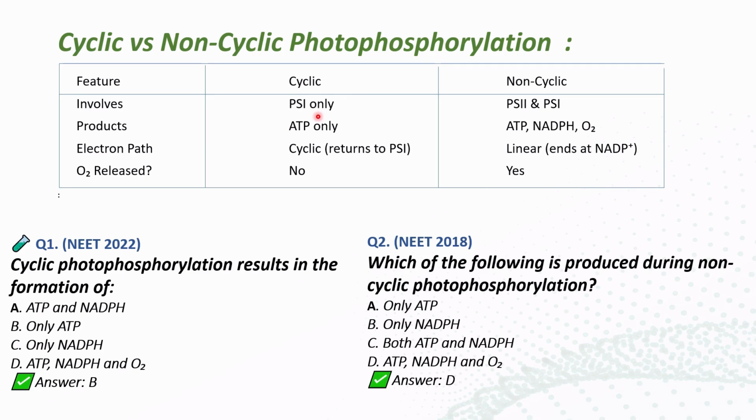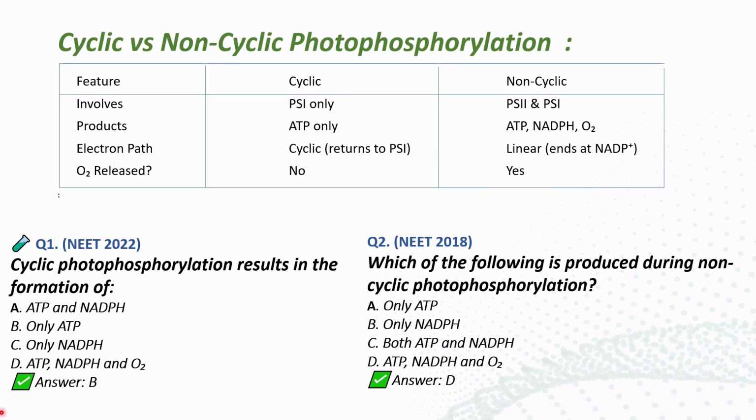Now some PYQs from previous papers. The first one is from NEET 2022: cyclic photophosphorylation results in the formation of what?